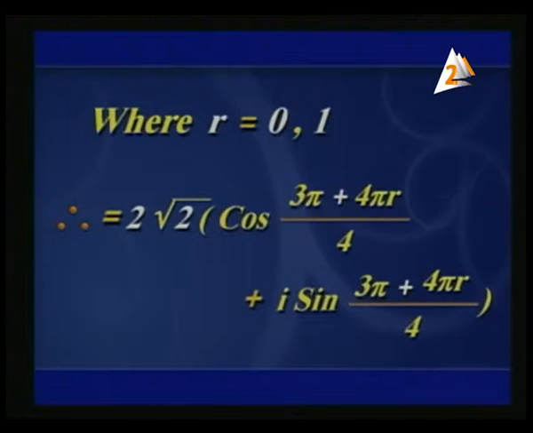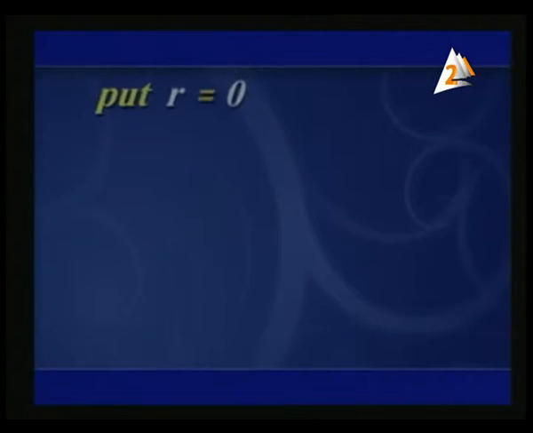Then z power half equals 2 root 2 cosine of 3 pi plus 4 pi r over 4, plus i sine of 3 pi plus 4 pi r over 4. Now put r equals 0.